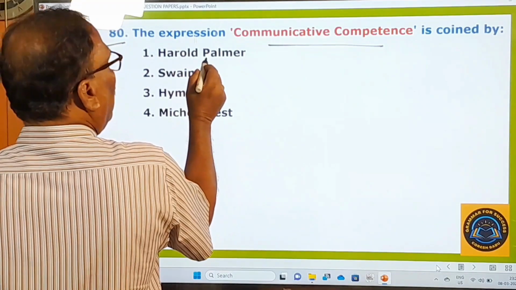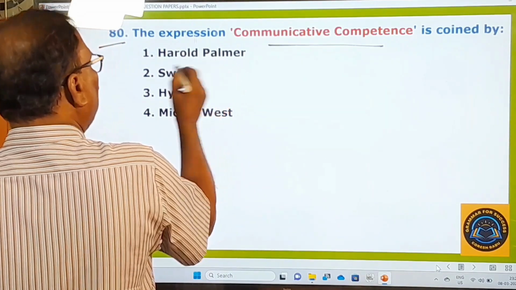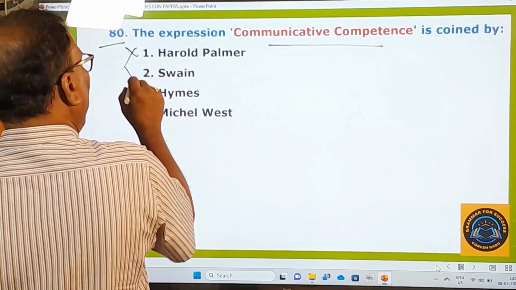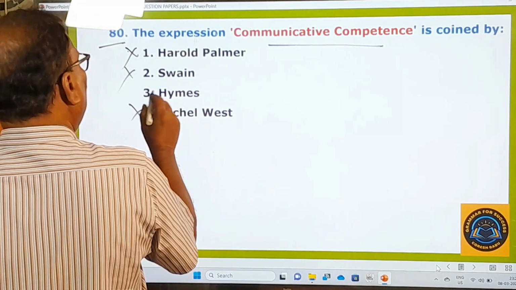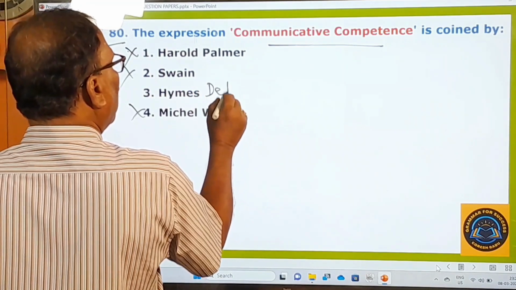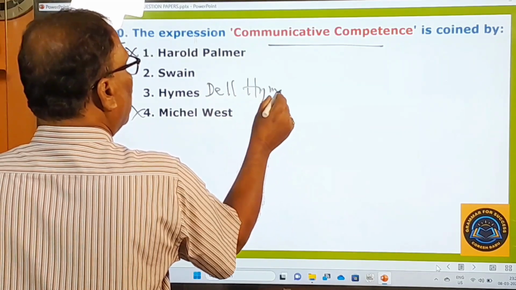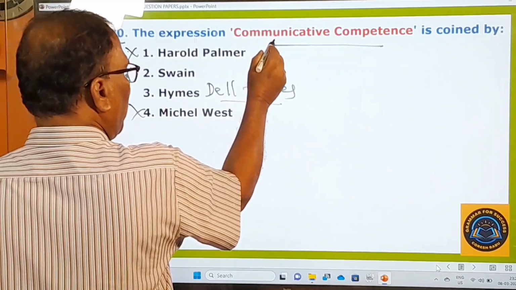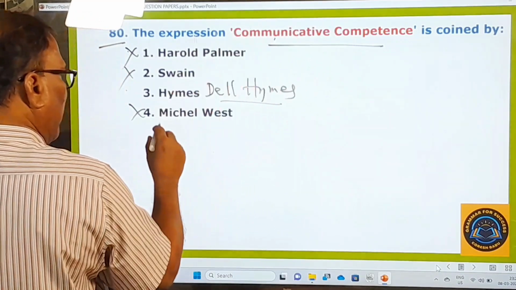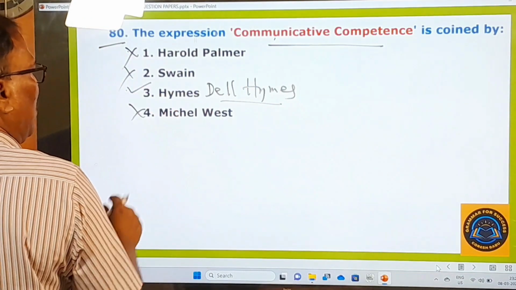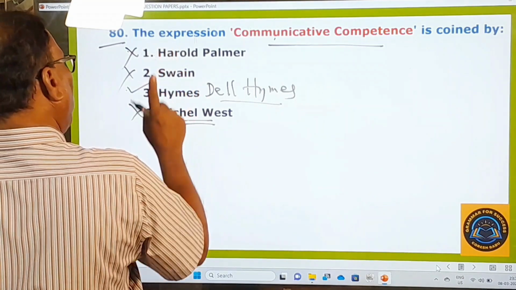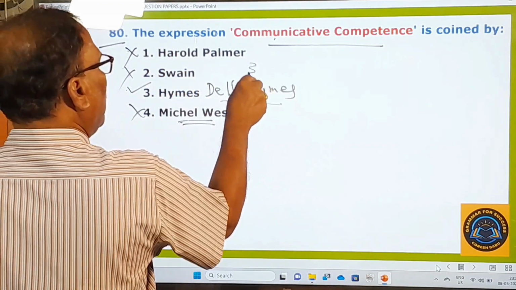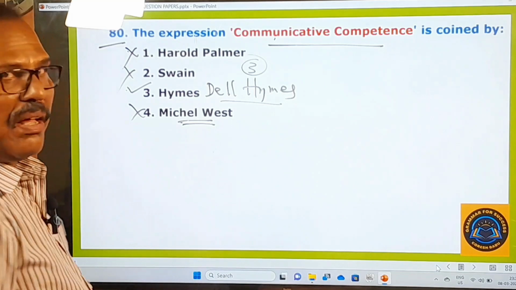Not Harold Edward Palmer, not Swain, not Michael West, but Dell Hymes. Okay, Dell Hymes is the person who coined this expression communicative competence. So your answer is going to be the third one. First one, second one, fourth one are wrong. Only the third one is the right one. And now let's move on to the next question.